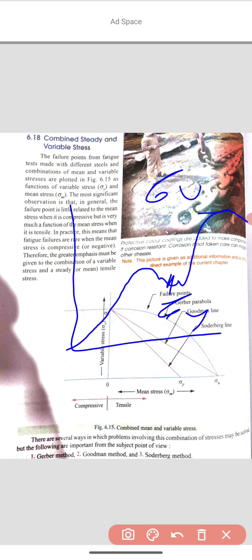Obviously sigma y. So if you design for sigma y, sigma u is already safe. So sigma y gives you the safest criteria. It means you assume your material is going to fail at sigma y, and you have to design against sigma y. Okay, so this will be your answer.